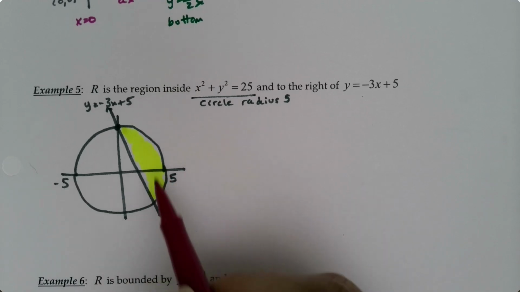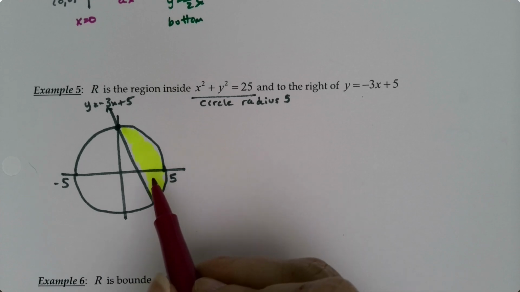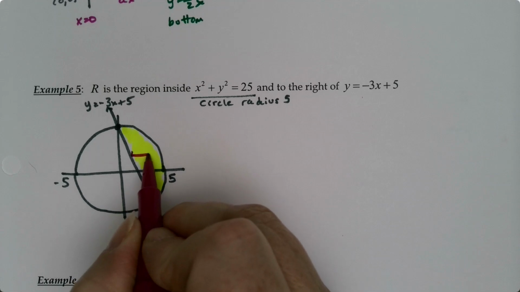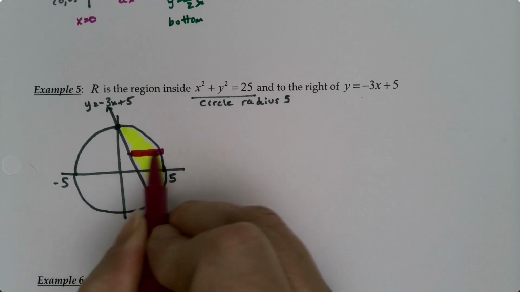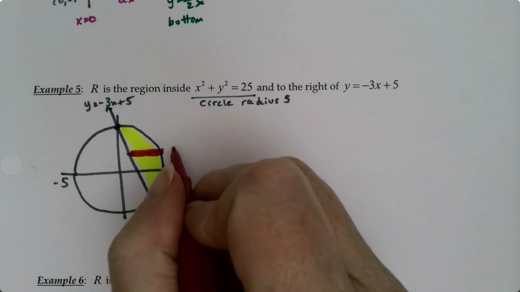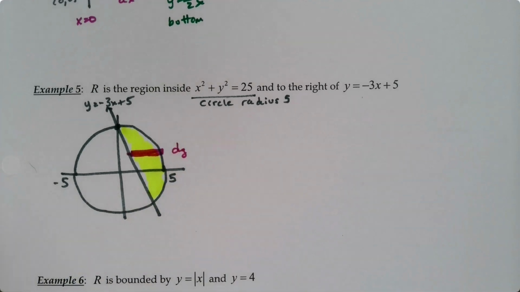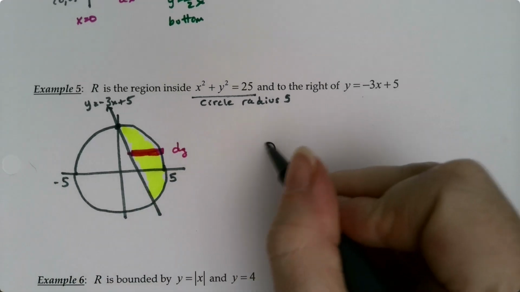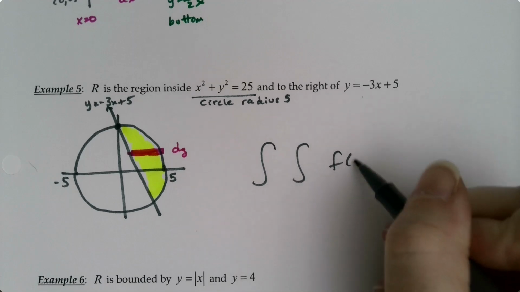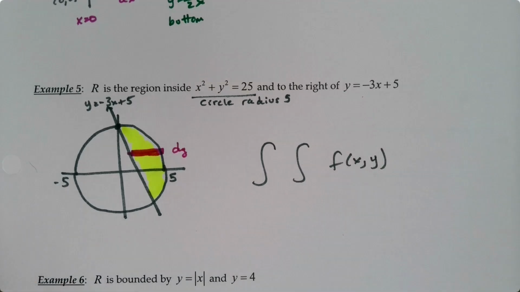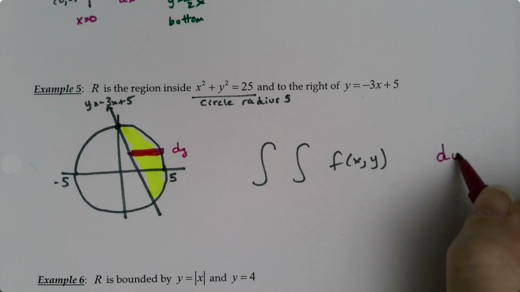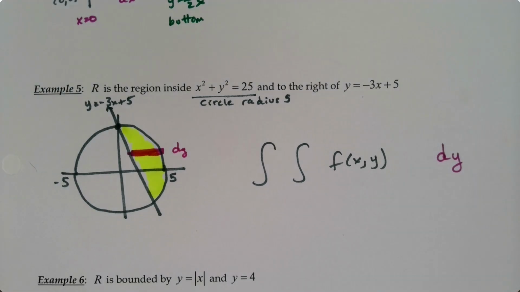So you'd have to do two separate double integrals to do that. So you're better off with a horizontal rectangle on this one. And so that means dy will be our back integral. So we're going to have a double integral of our function, and it's definitely going to be dy in the back and dx in the front.